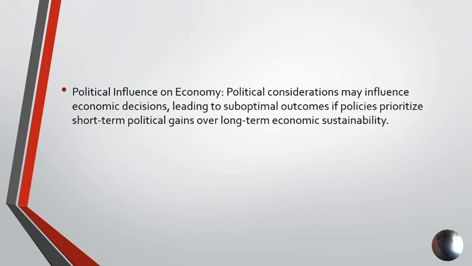They are not going to benefit if you prioritize short-term political gains over long-term economic sustainability, because sustainability is about using the resources available and also leaving some resources for future generations to utilize. That's always the issue of political influence on the economy: you look at short-term gains against long-term economic sustainability goals.